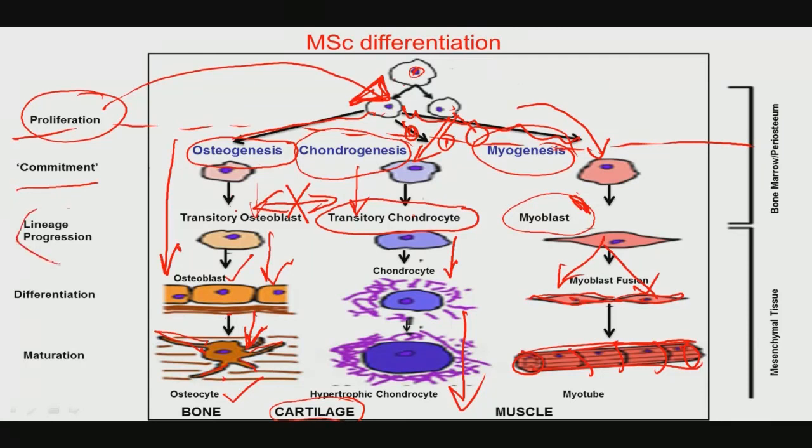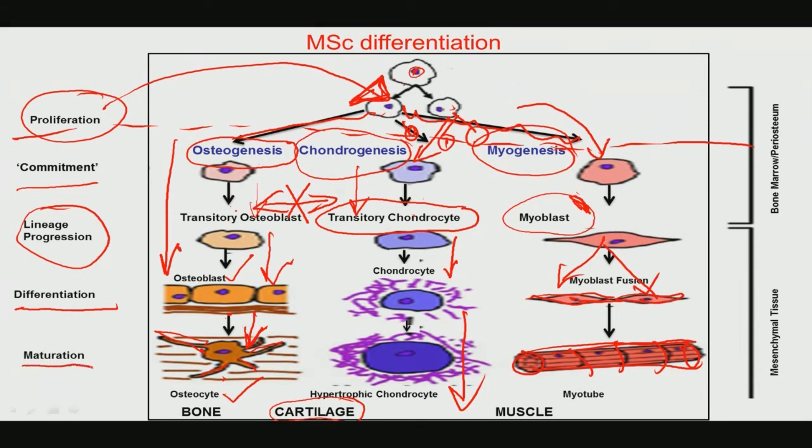Now, lineage progression means that along this particular lineage, the transitory osteoblast will differentiate to osteoblast and to osteocytes. The fourth one is differentiation, that means it has differential gene expression and a different functionality, it is a more matured or more specialized cell type than your initial stem cells.